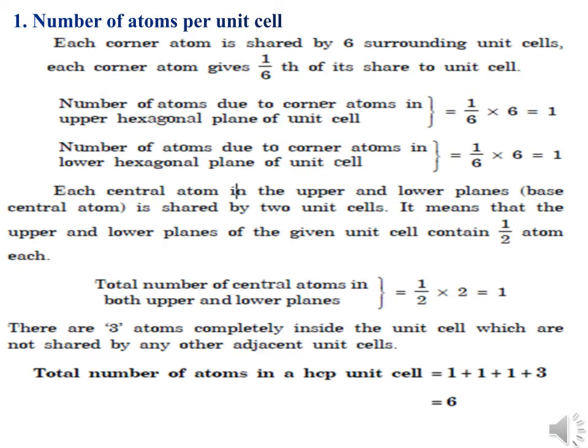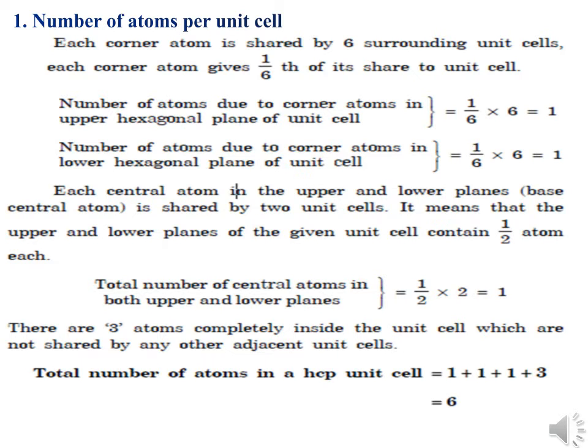Next, the total number of base-centered atoms per unit cell. Each of the two base-centered atoms is shared by 1 by 2. The number of base-centered atoms in both upper and lower planes is 1 by 2 into 2 equal to 1.